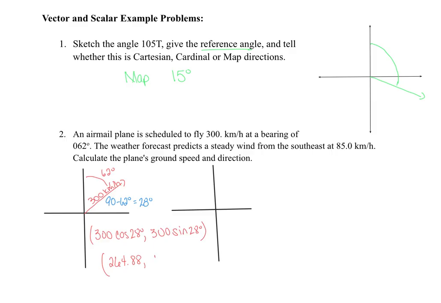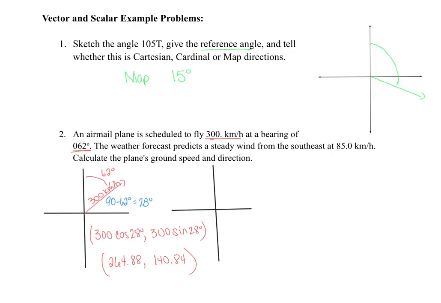I'm just going to be a little more precise when I do this. I'll worry about significant digits at the end, but I'm going to break that down into components. Positive x, positive y component. That is the first thing that is affecting this particular airplane. It's its bearing.